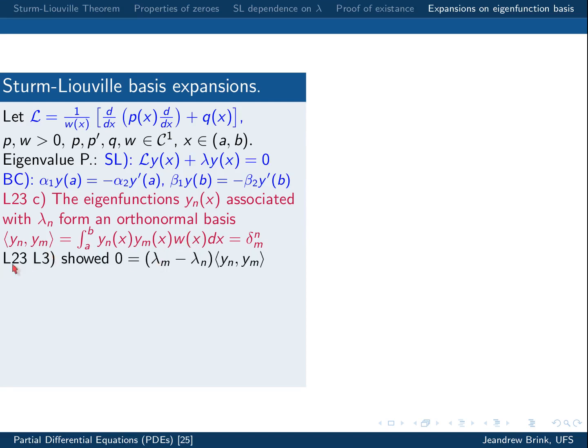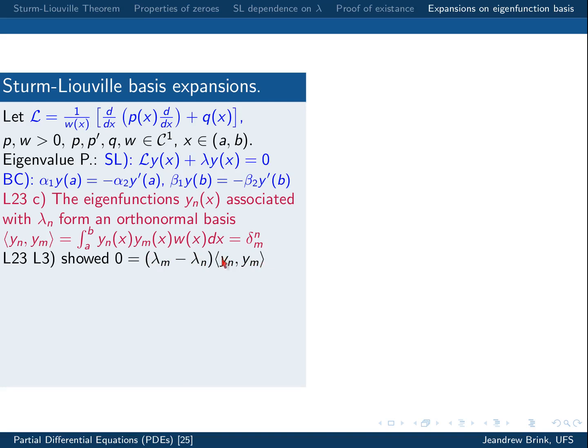In lecture 23, lemma 3, we showed that lambda m minus lambda n, multiplying the inner product of two basis functions, equals 0.